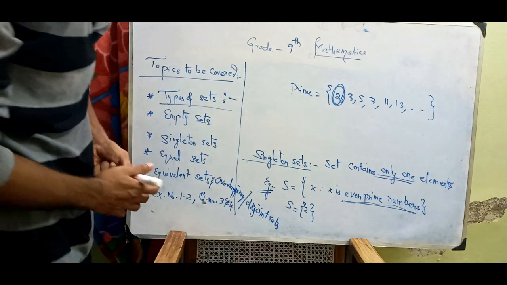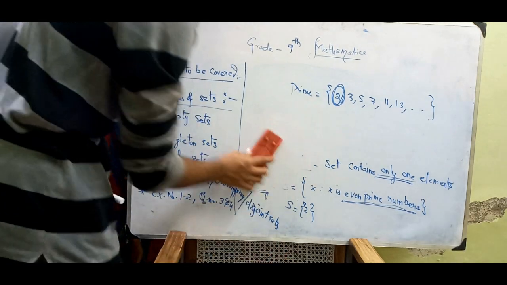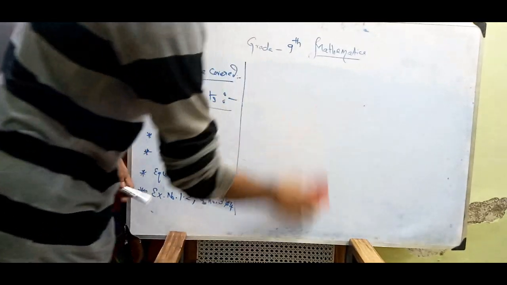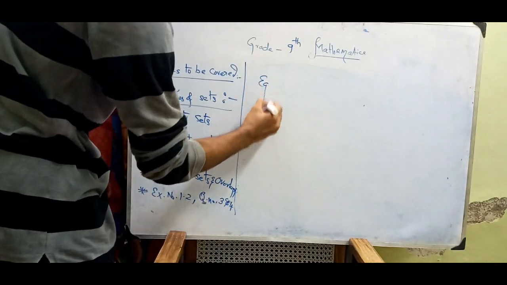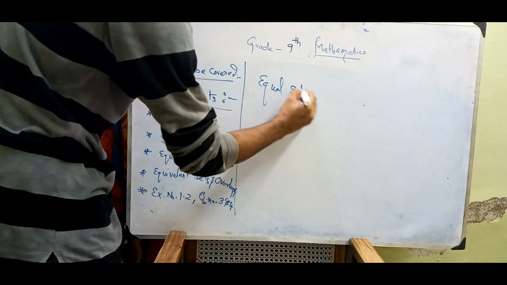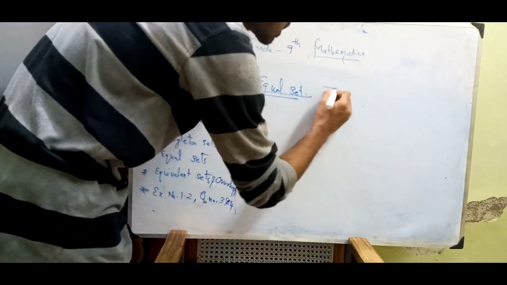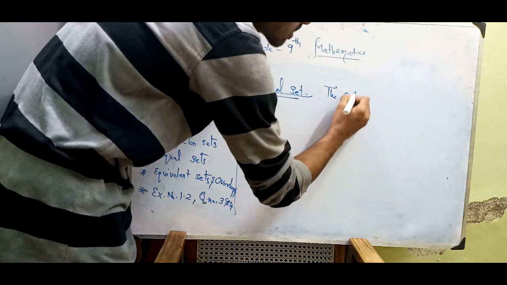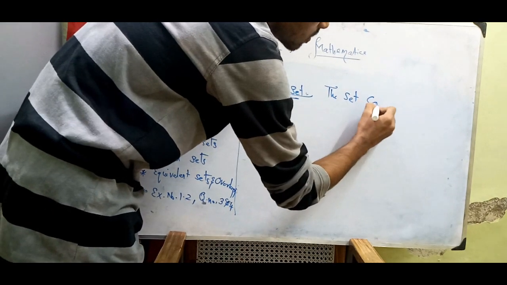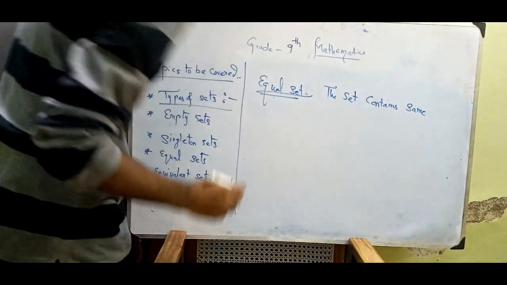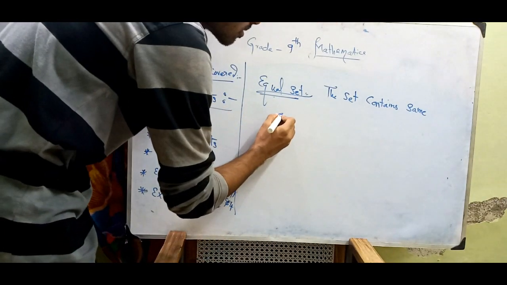Let us move to the equal set. An equal set is nothing but sets that contain the same elements.